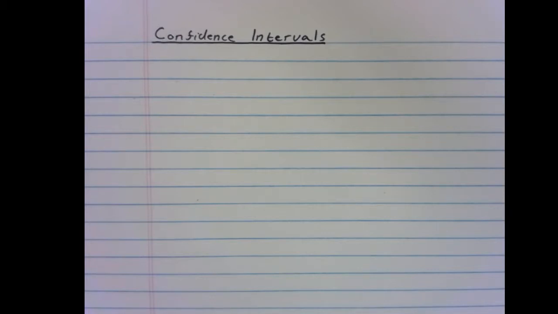What a confidence interval tells us is where that population mean is likely to reside. And then we get a little more specific with the "likely" and say, okay, where is that population mean going to reside, between which two values, at a certain probability?